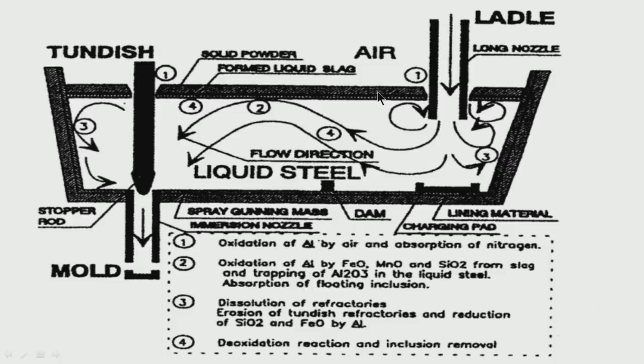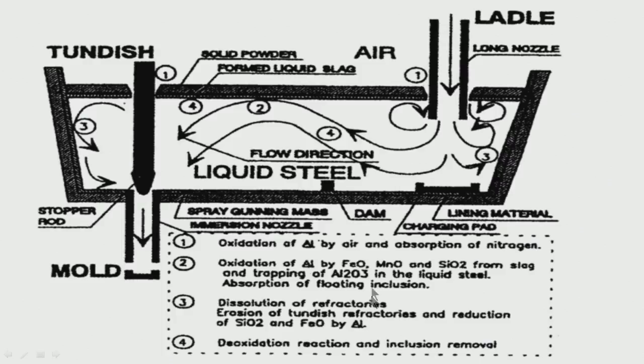So, we have a 2-stage slag. One, just at the top of the liquid steel, is a basic slag which is used for absorbing the alumina oxides which are forming and trying to come to the top, and on top of the basic slag we have another constituent known as rice husk. It is a good insulator, it does not allow the liquid steel temperature to fall beyond certain limits.